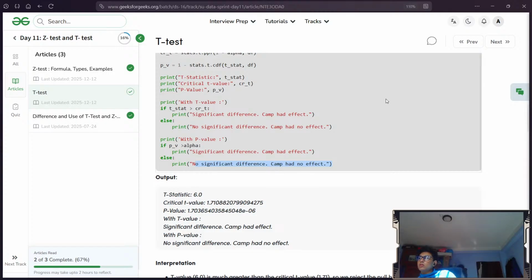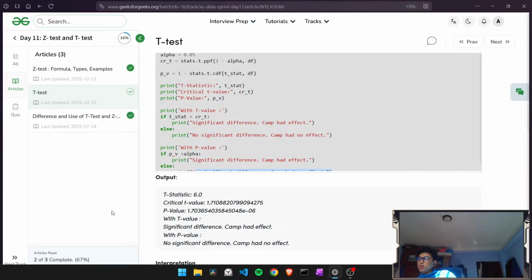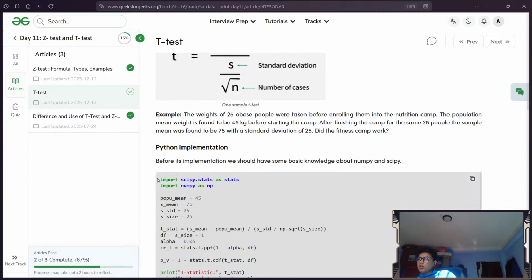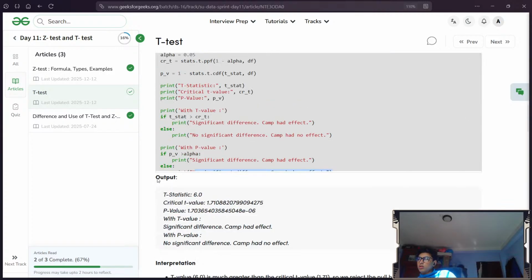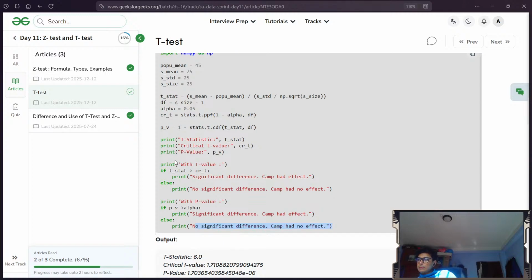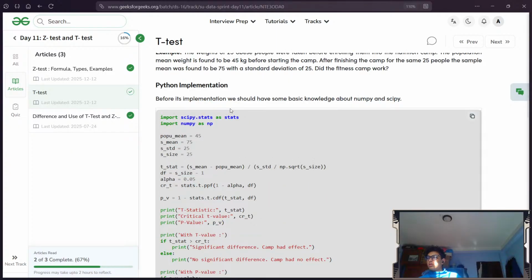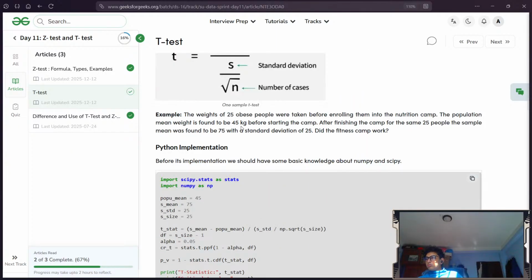Wait. What is null here? Accept the null hypothesis, right? If the null hypothesis, wait. Did the fitness camp work?